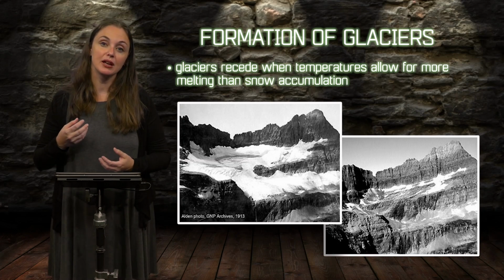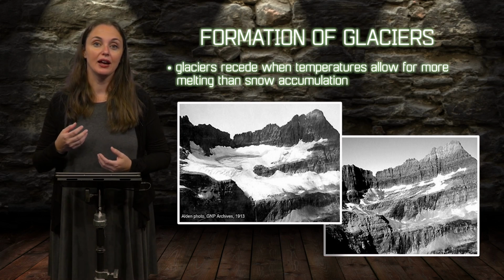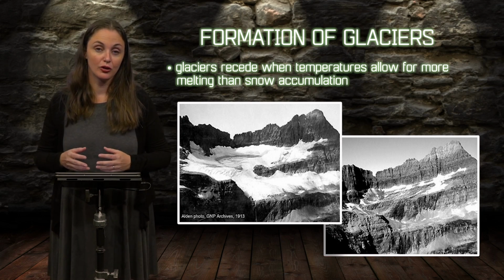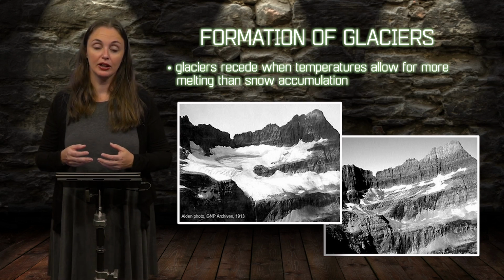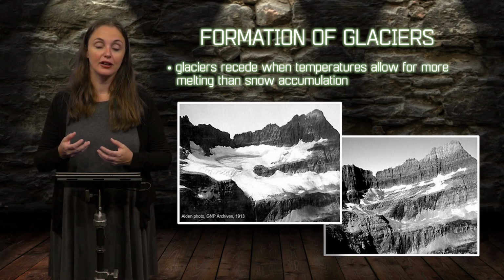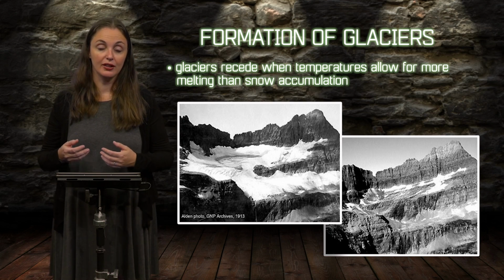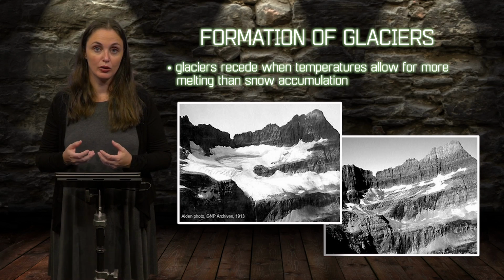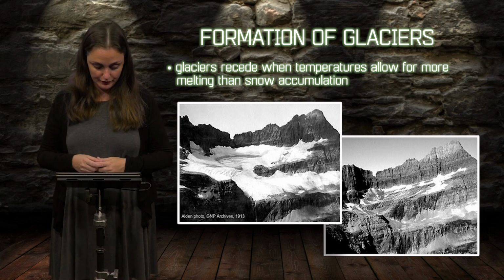So maybe in some cases some snow melting is always going to occur, but it can't vanish the glaciers altogether, or it's no longer a glacier. If some melting occurs, but that melting is then buffered by snow accumulation, then that glacier grows. If the opposite occurs, if you have more melting than the accumulation of snow during the winter months, then that glacier will end up receding over time, eventually potentially vanishing altogether.